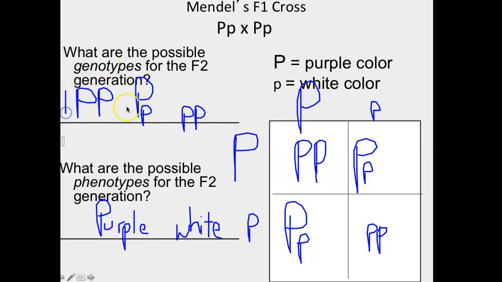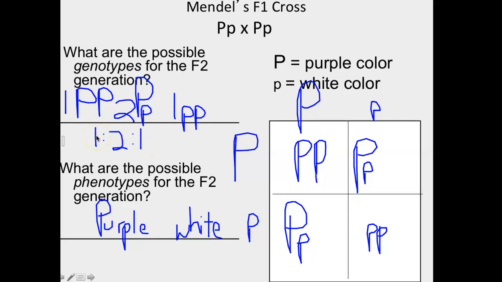There's one big P box. There are two big P, little p boxes that are heterozygotes, and then the one homozygous recessive. So the ratio here for genotypes is 1 to 2 to 1.